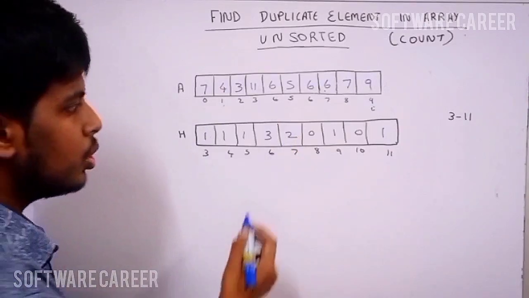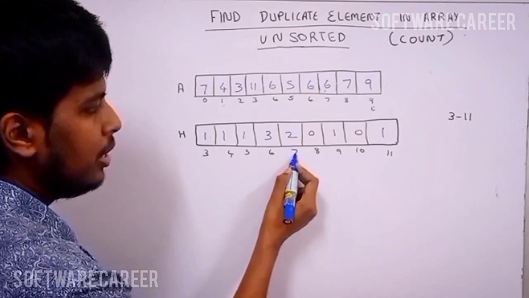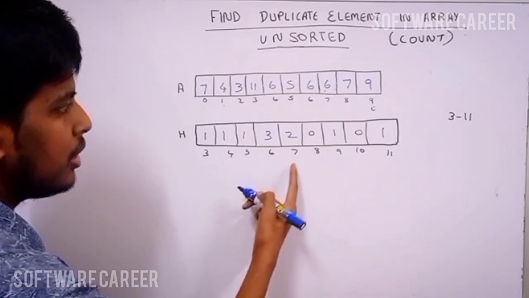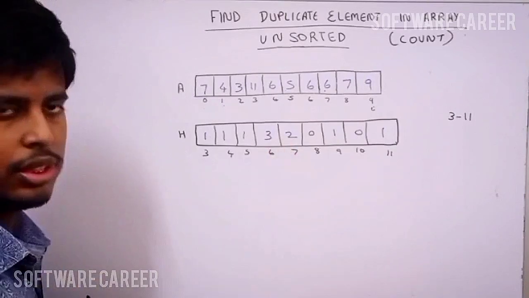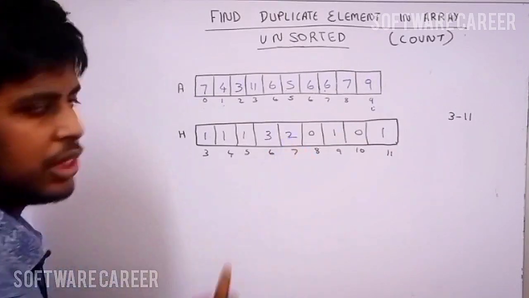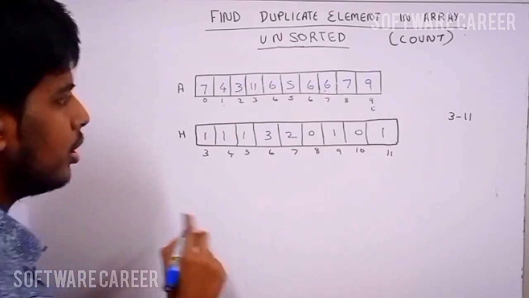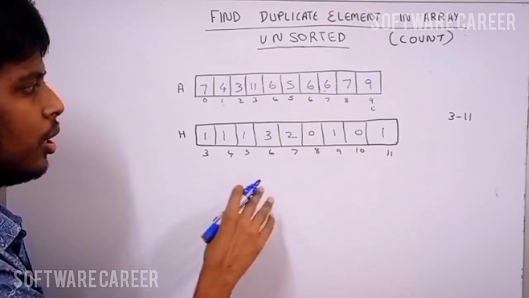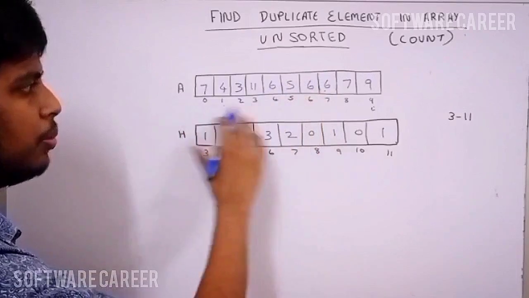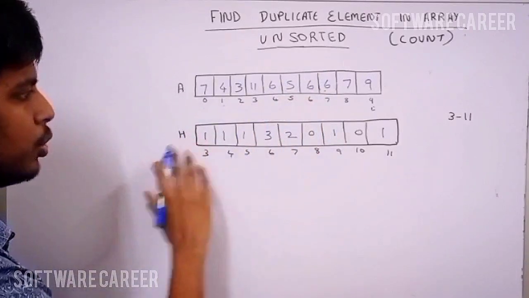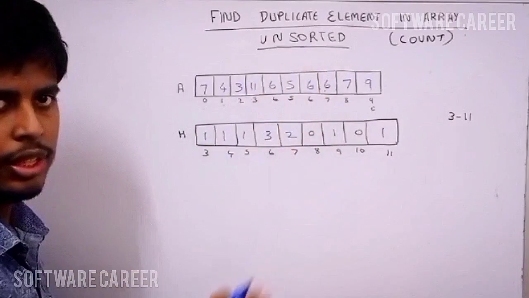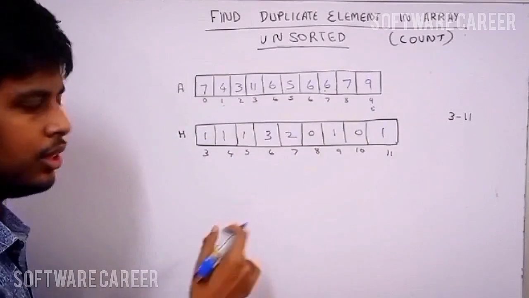It's greater than 1, so you should print I, meaning that I is present in A 5 times, that is 7 is present 2 times. This is how you find the number of times an element is duplicated using an unsorted array. Let's see how to write the code for this.